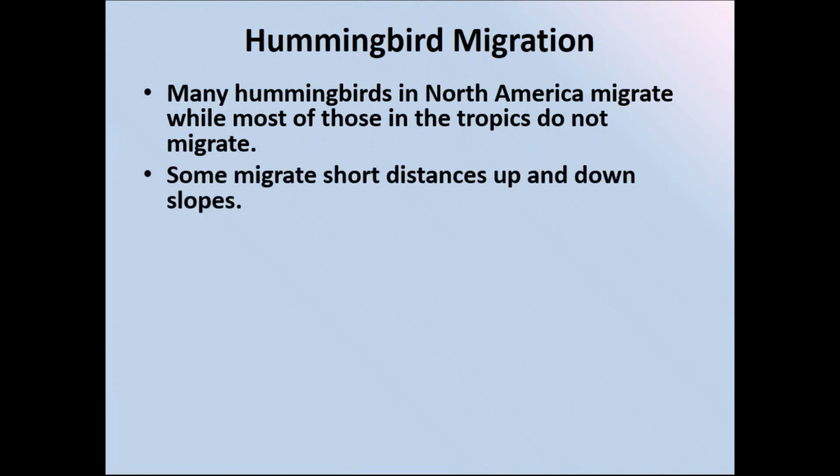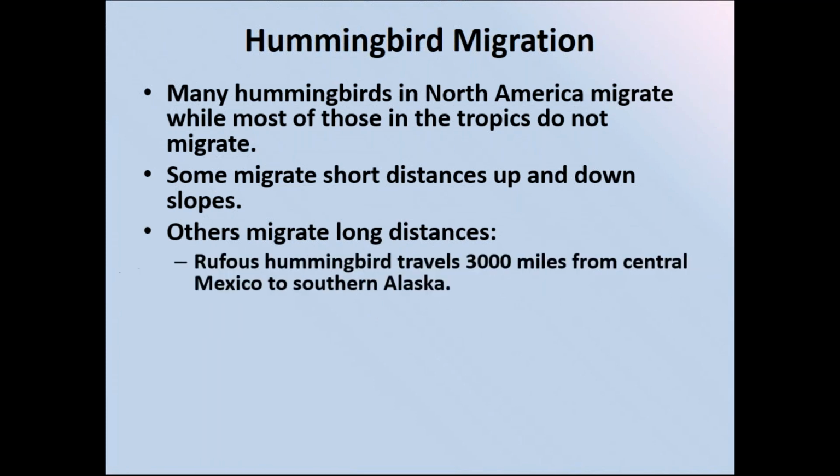Some just come up and down the slopes a little bit, like the Anna's hummingbird. Some of them migrate, some don't. Some migrate further. Some migrate very short distances. And other hummingbirds, like the rufous hummingbird, travel thousands of miles from as far north as Alaska all the way down into central and southern Mexico.